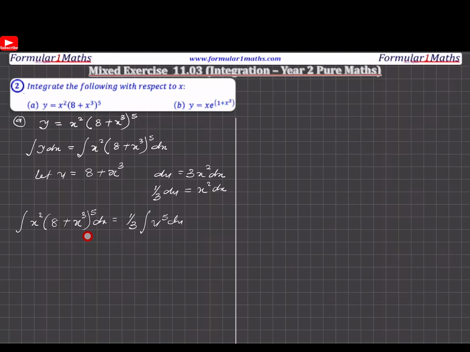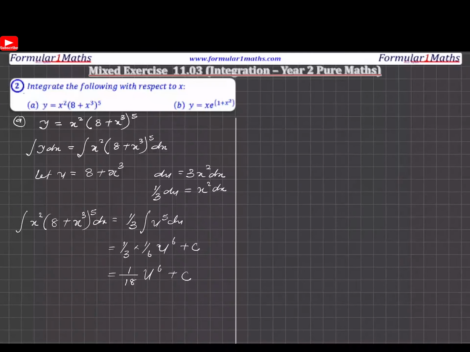Because the x squared dx has been replaced by 1/3 du, it is easy to integrate now. If I integrate that, I'm going to get 1/3 times 1 over 6 u to the power 6 plus the integration constant. That becomes 1 over 18 u to the power 6 plus c.